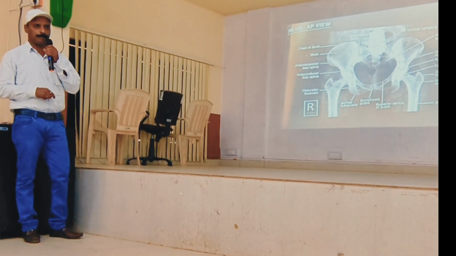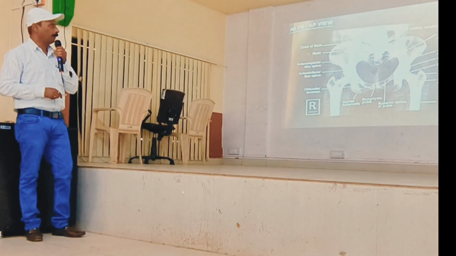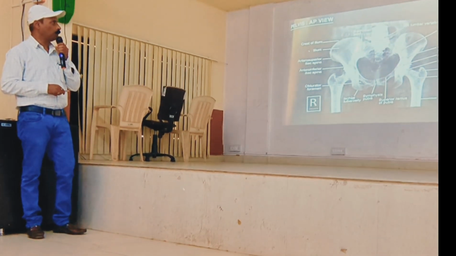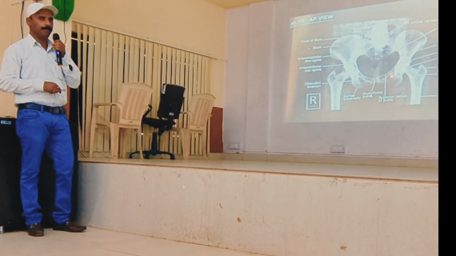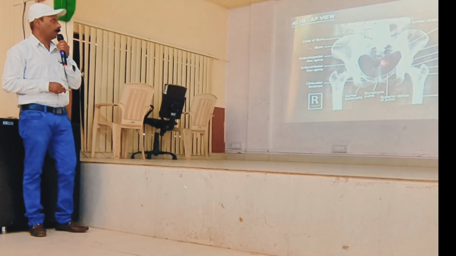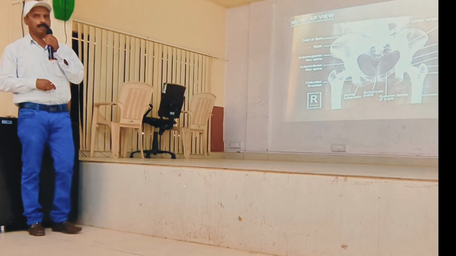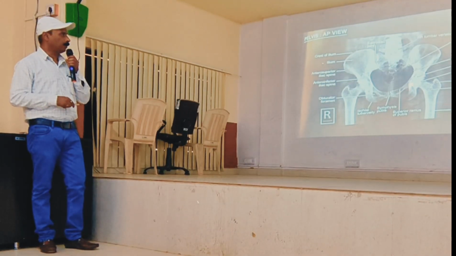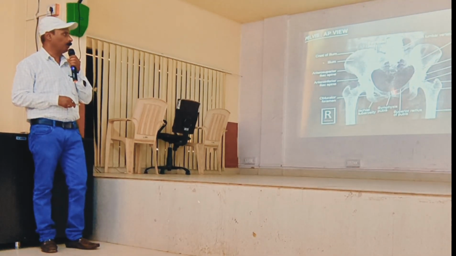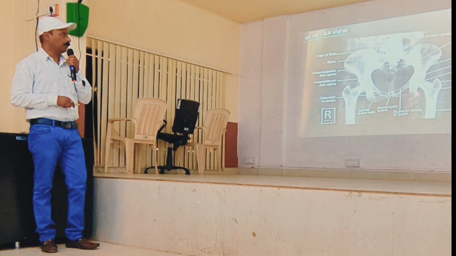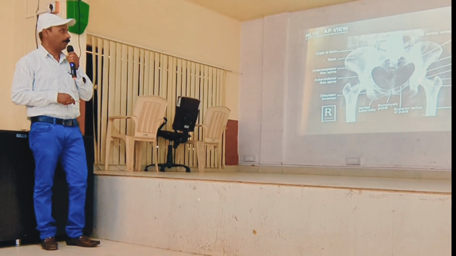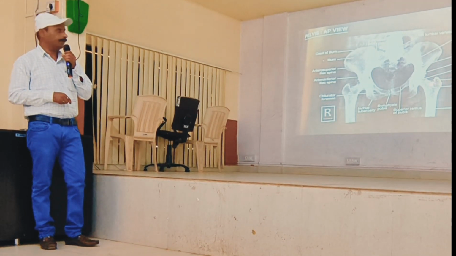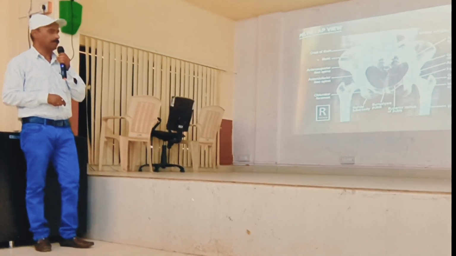Pelvis: when we take the plain X-ray of the pelvis, you have to see the most important joints and regions, the pubic symphysis and sacroiliac joint. You may go for the sacrococcygeal joint. Then you can see the parts of the hip bone: ilium, pubis, and ischium, the ischial tuberosity, the head of the femur, then the neck, and concentrate on the neck-shaft angle.